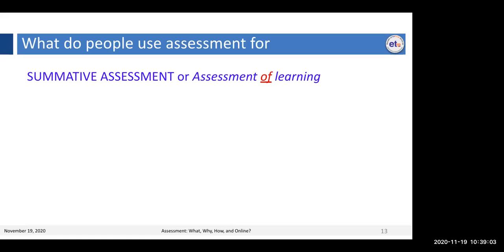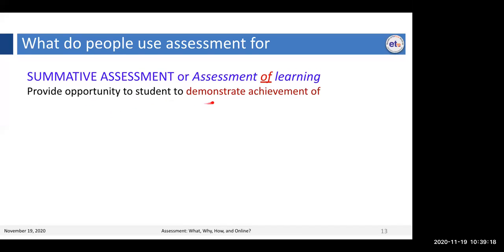So what people do assessment for, right? So summative assessment, or this is the assessment of learning. So this is an important aspect. So this is the assessment of learning, where it provides an opportunity for students to demonstrate their achievement of skills and knowledge, right?